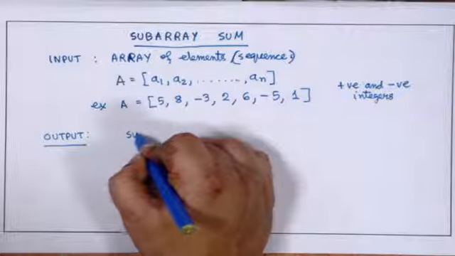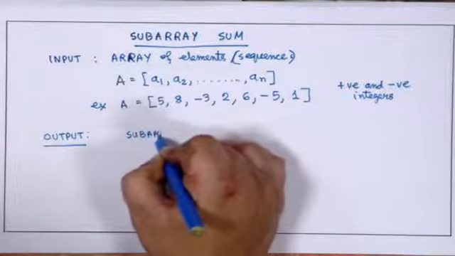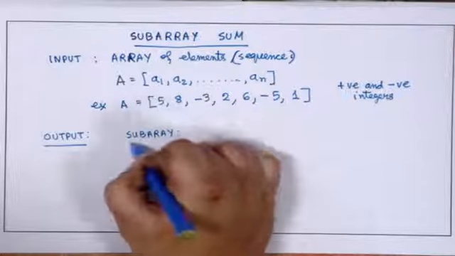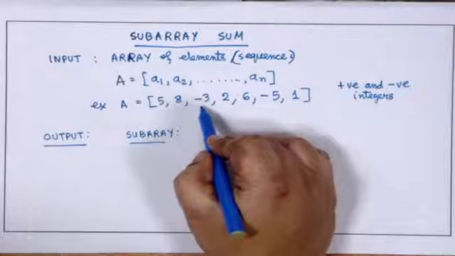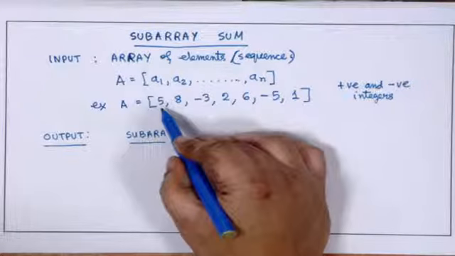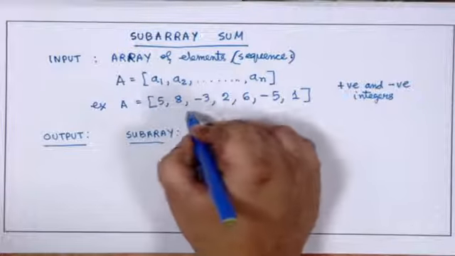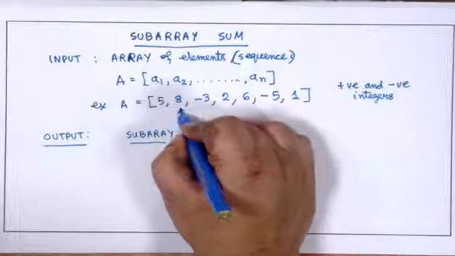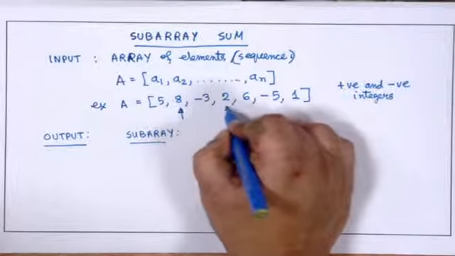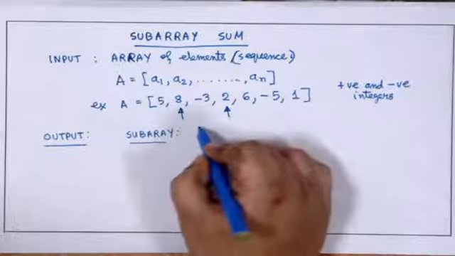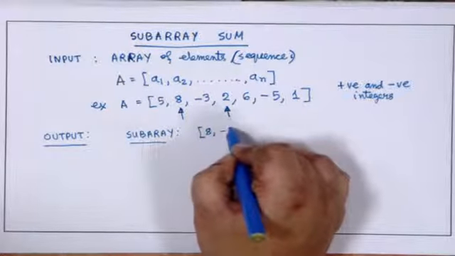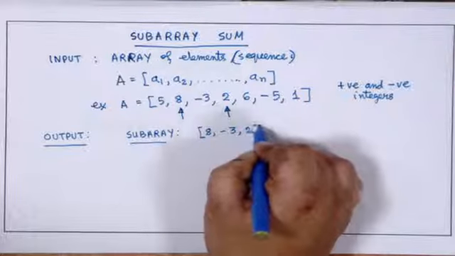I first define a subarray. A subarray is any sequence from any element i to any element j within the array. For example, if I take the subarray from the second element to the fourth element, then it consists of the subarray 8, minus 3, 2.